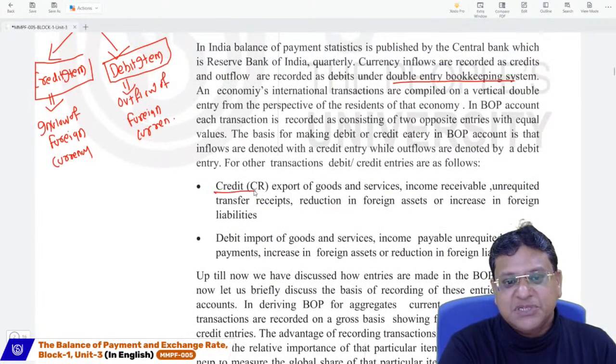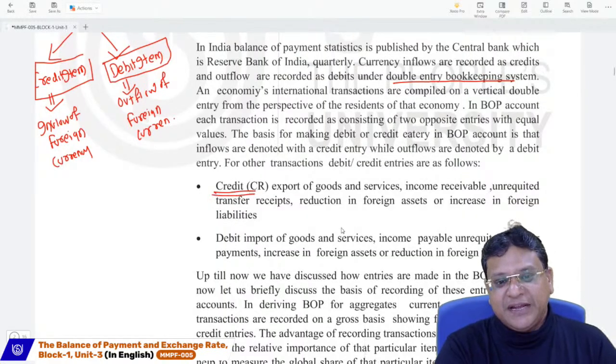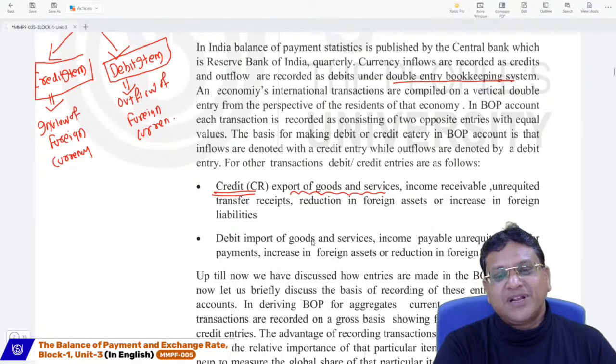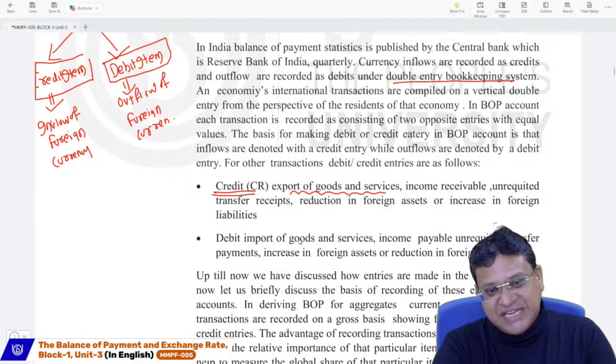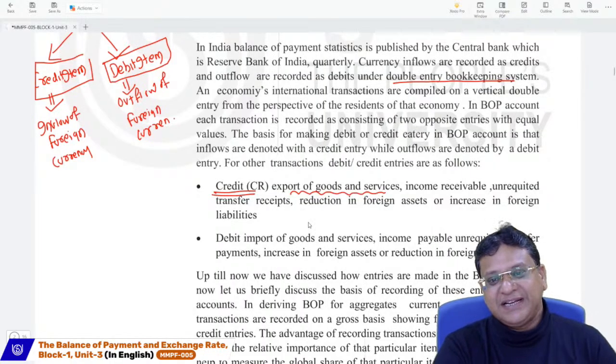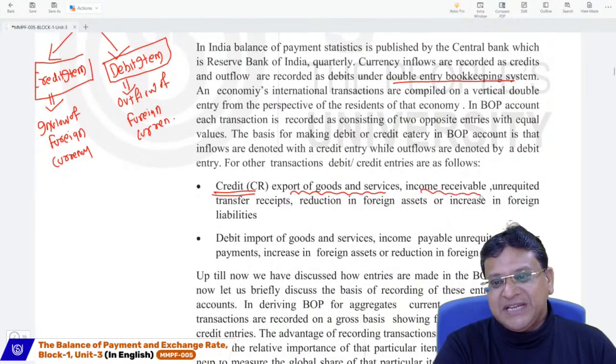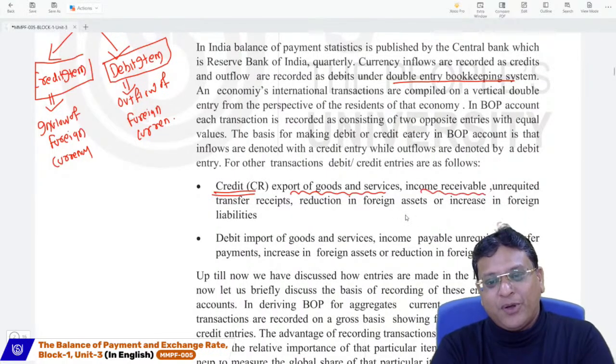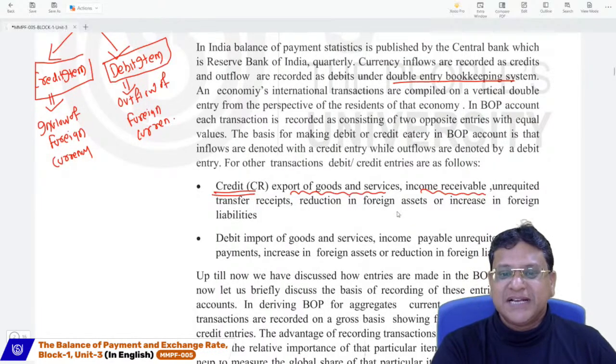What are credit items? Credit items are CR items: export of goods and services. When a country exports goods, it receives foreign currency, so it's a credit item. Income receivables, if there is foreign income receivable, it is a credit item.